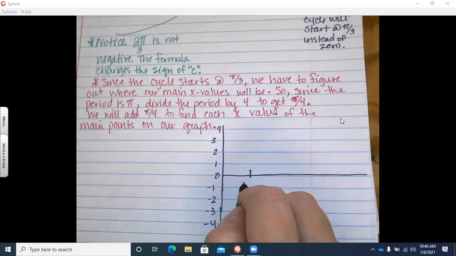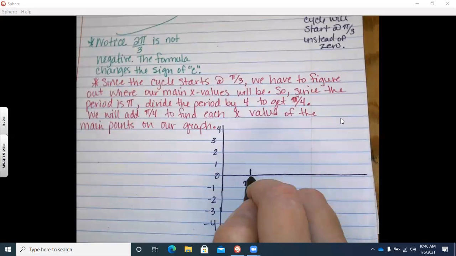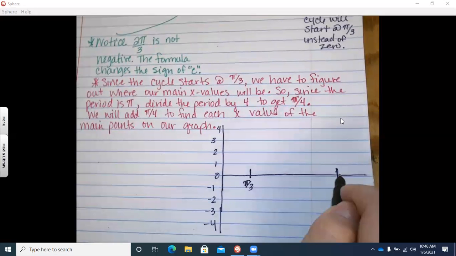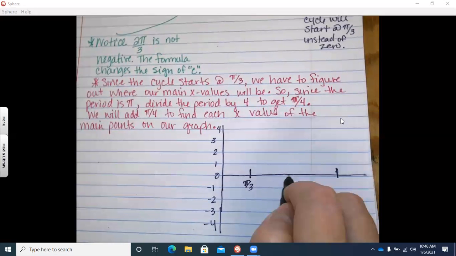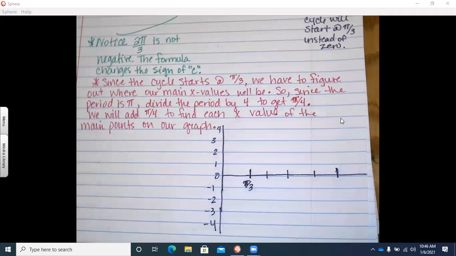And so one complete cycle is going to be separated into 4 equal parts. I only know the first one. But I know each of those sections are pi fourths in length, right? Because we took pi and divided it by 4 to figure out how long each of these segments were.